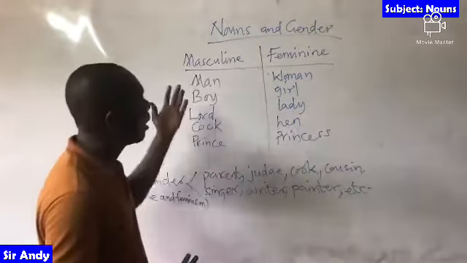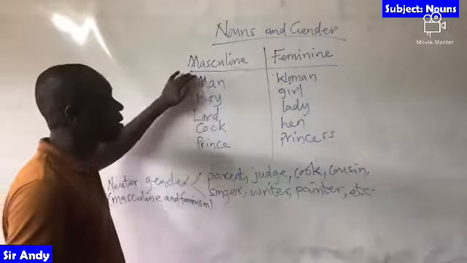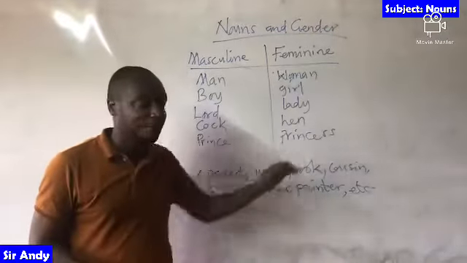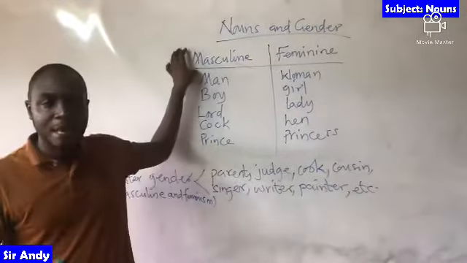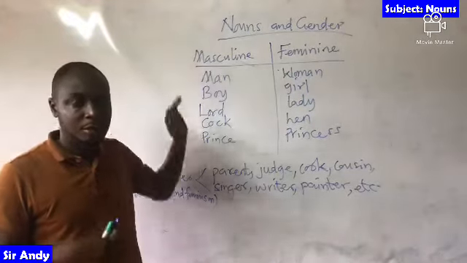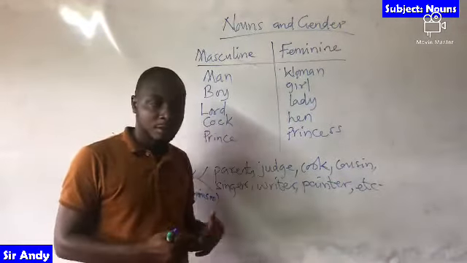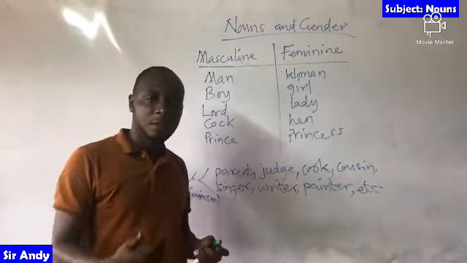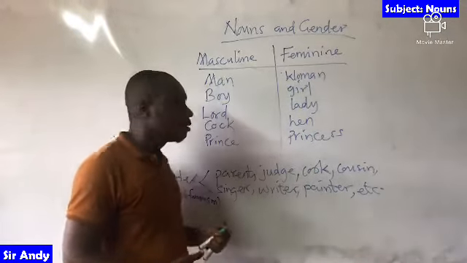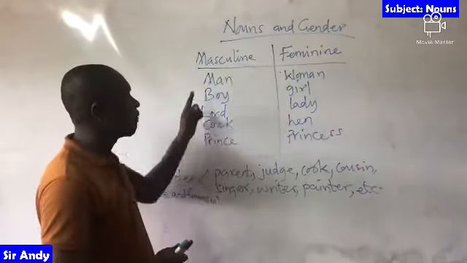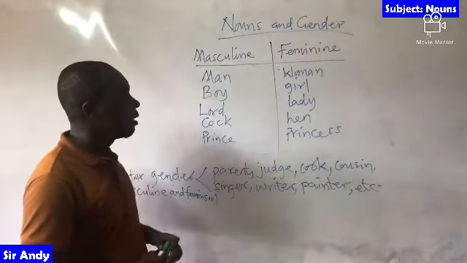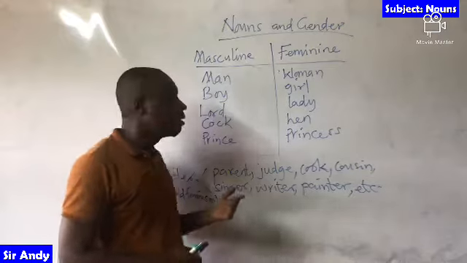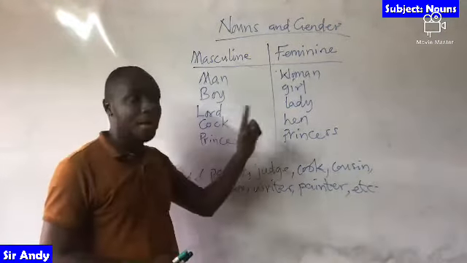So when it's about nouns and gender, we have masculine and then feminine. Masculine means male, whereas feminine is referring to females. Under masculine we have man, and the feminine noun for man is woman.